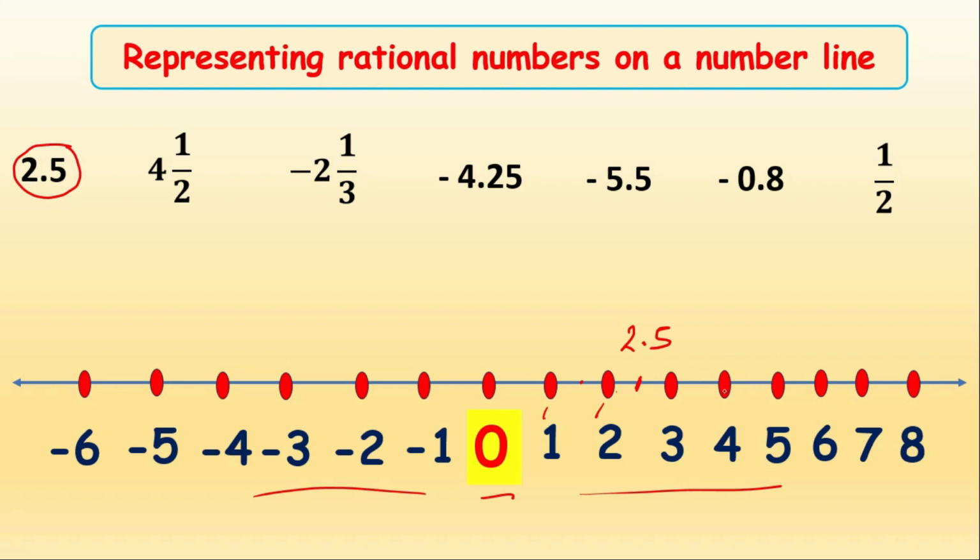We come here to 4, and we want 4.5, so it is in the middle between 4 and 5. Because we said 4.5 means 4 and we add another part, which is a half, so it is in between 4 and 5. Okay, the next number is negative 2 and 1 over 3 in the negative part. We come here to the negative side and find 2 and a third. Here we want 2 and a third, so we add to the 2 a part which is a third, so we say here negative 2 and a third.